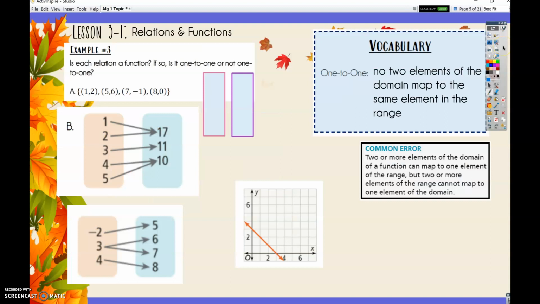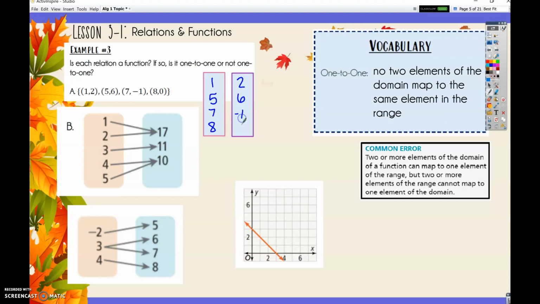Now, when it comes to deciding domain and range, if there's special relationships, we can call these functions, and we can also call them one-to-one. So when asked about the domain and range and asked if this is a function, these set of points, it may be helpful to list your domain values in one table and your range values in another.